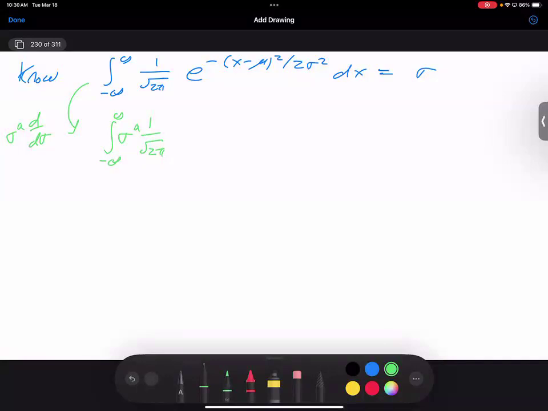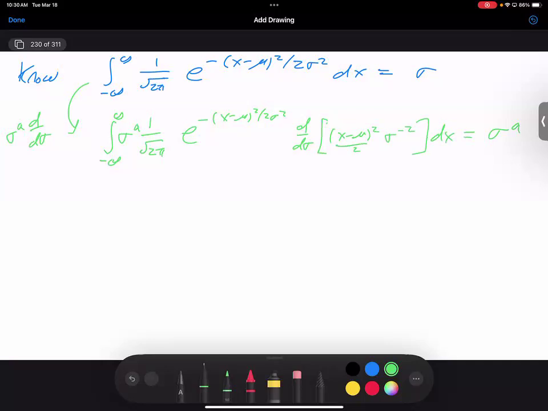So by the chain rule, it's going to be e to the minus (x minus mu) squared over 2 sigma squared times the derivative of (x minus mu) squared over 2 sigma to the minus 2 dx equals, what's the derivative of sigma with respect to sigma? 1. So I'll just get sigma to the a.